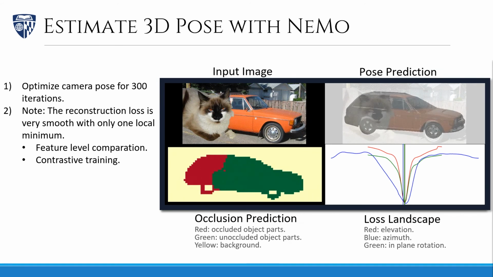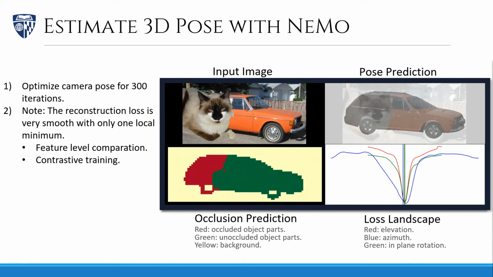In the testing image, the occlusion is superimposed onto the object. The second sub-figure shows how we optimize the object pose iteratively. And in the third figure, we demonstrate the real-time occlusion prediction.